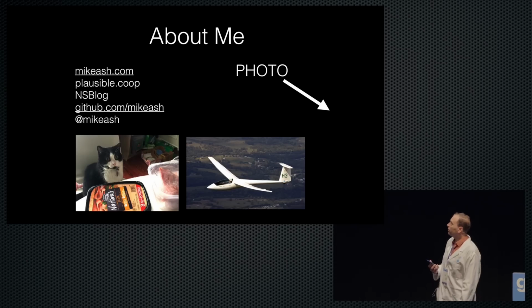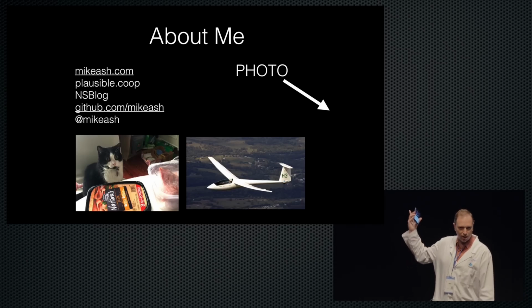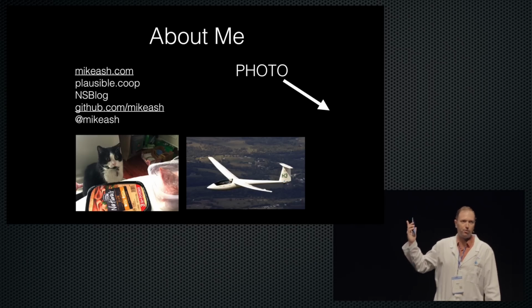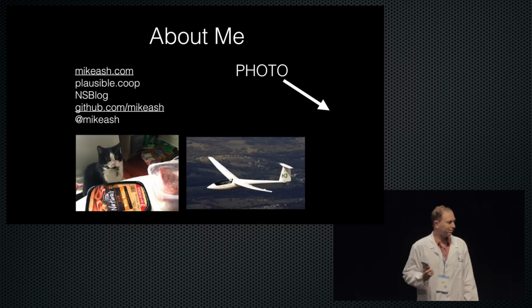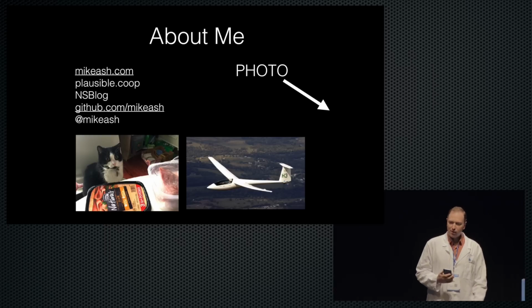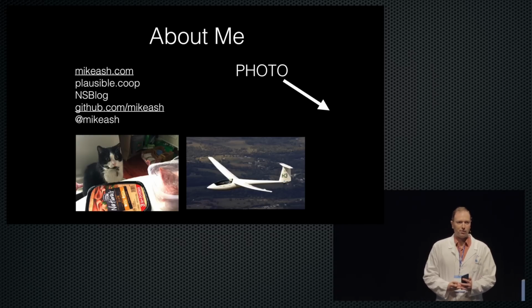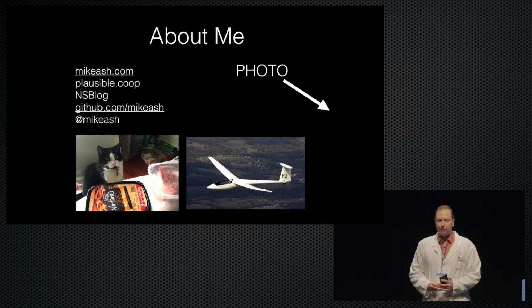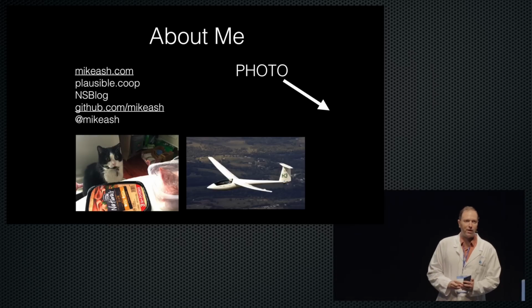Real brief about me. I'm online at mikeash.com. I have a blog where I do all sorts of crazy stuff like this. I like to take things apart and see how they tick, and I've got a bunch of crazy GitHub projects which you should probably never use for anything, but are lots of fun to play with. I'm on Twitter if you feel like following me.